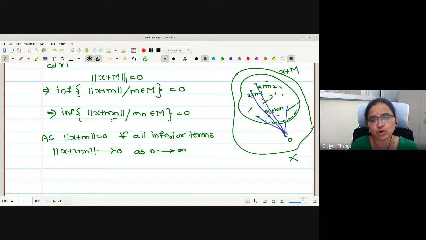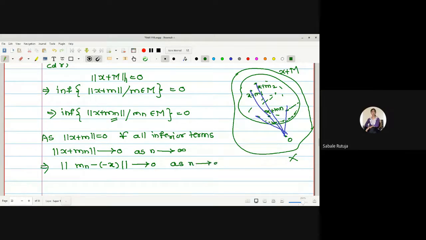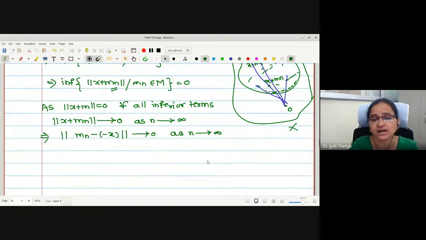We have identified those elements whose norm is tending towards 0. Therefore, we get one sequence actually. What kind of sequence here? Let me just rewrite this term as mn minus of minus x. Is that okay? Yes, ma'am. So here can I collect a sequence of elements in M such that this mn sequence is converging to minus x, right? Okay. Therefore, can I write?